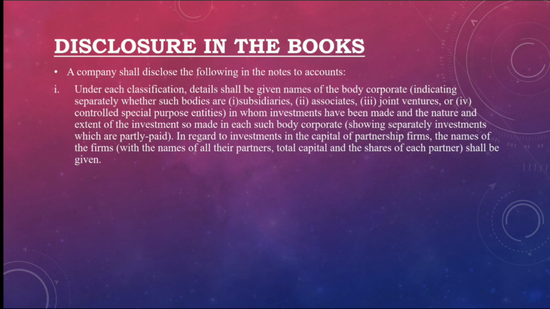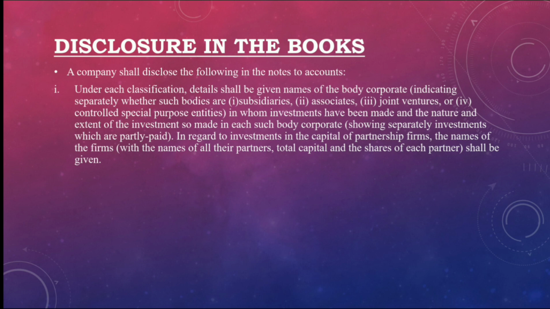And the nature and extent of the investment made in each such body corporate must be explained, that is, how much investment we have made in the other body corporate.